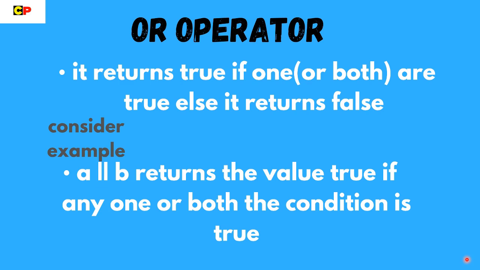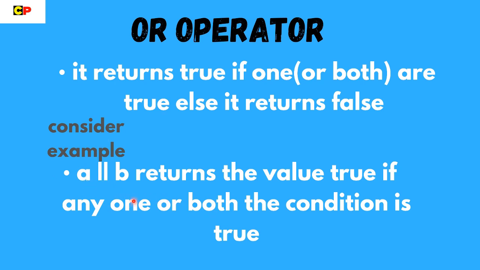Moving on to the OR operator, you can see it returns true if one or both are true, else it returns false. Consider an example here. You have two conditions again, A and B, and if you use the OR operator between them, then it will return true if any one of these statements is correct.